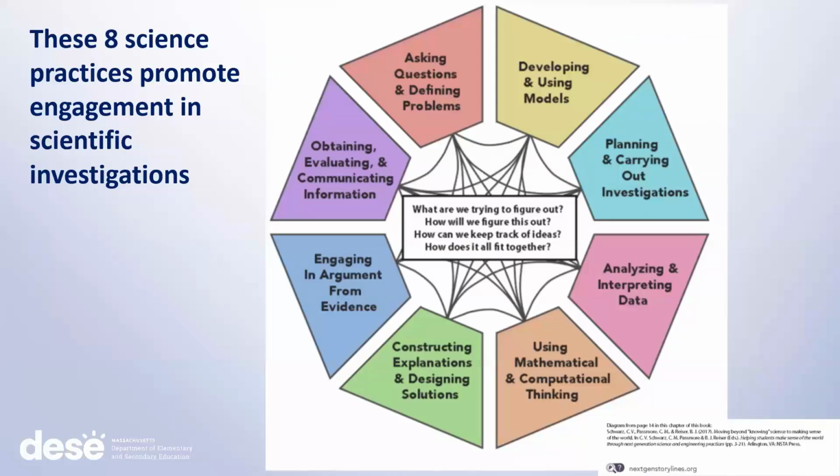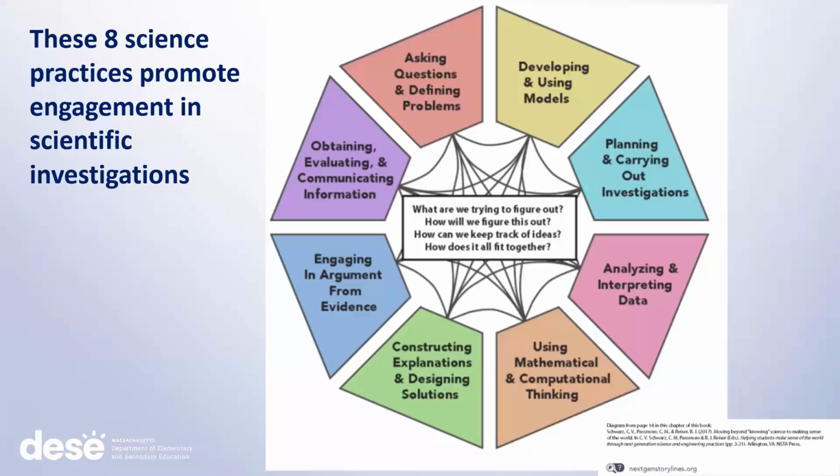So here is an excellent graphic for you. These are all these science practices. So these science practices are numbered because we're going to ask you to do 3 different ones, but there is no order to them. They intentionally overlap and interconnect.